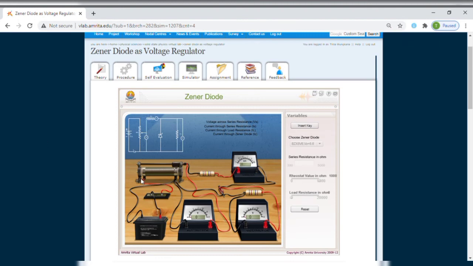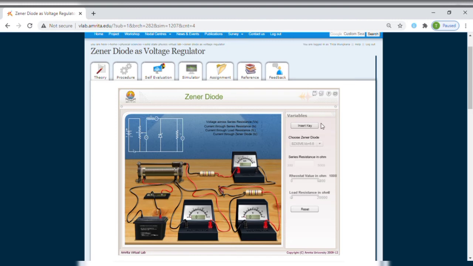Okay, next we're going to simulate the load regulation, and the first 3 steps are the same as above. Above means the line regulation that we already did before.